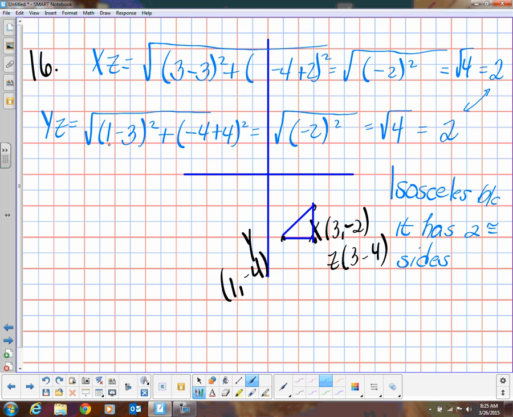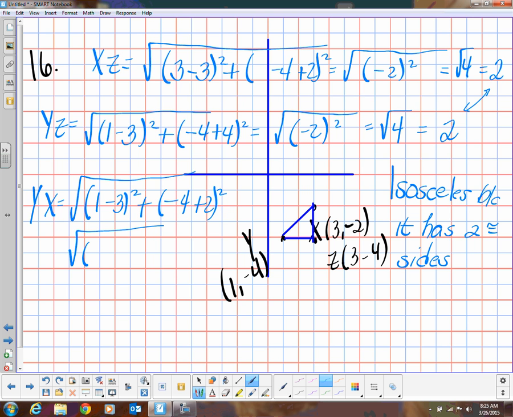Let's do that. Let's look at yx. See if it is, what is that called? Equilateral. So what we're doing yx, right? Yeah. Yx. So how about 1 minus 3 squared plus negative 4 minus a minus 2 squared?